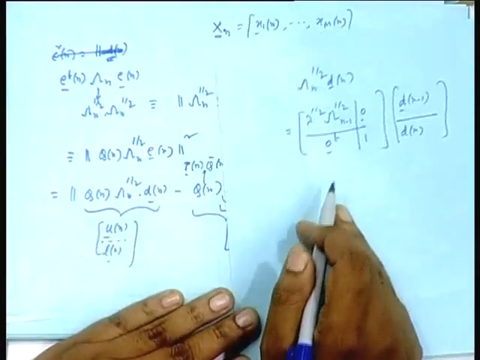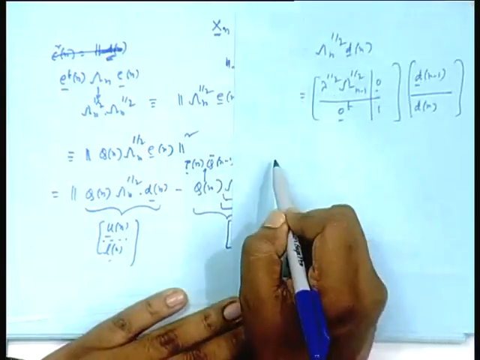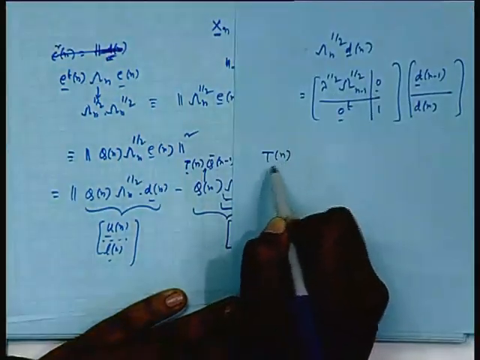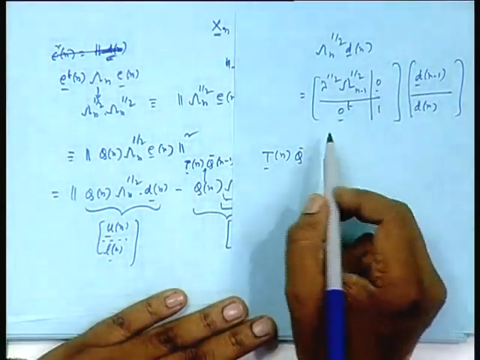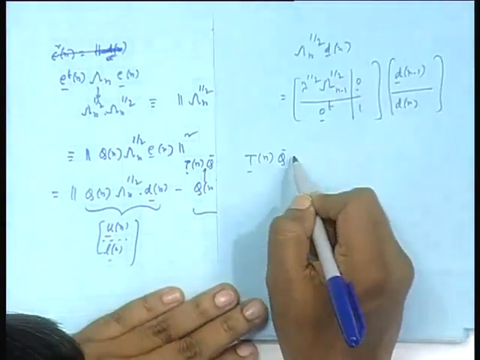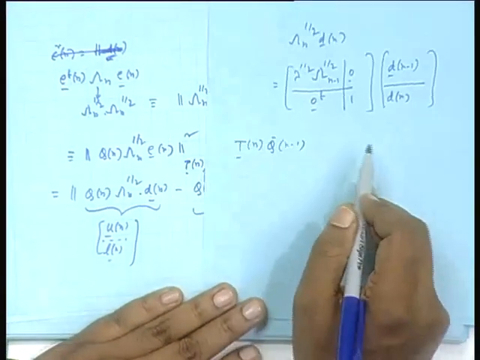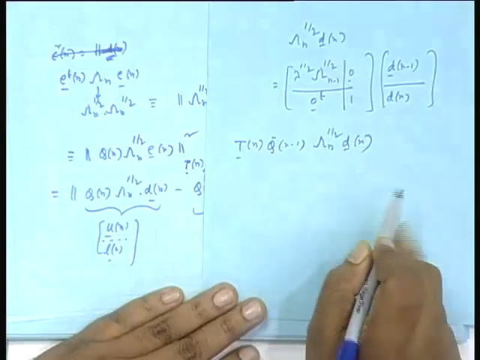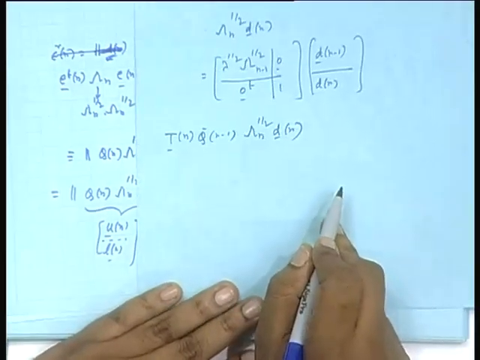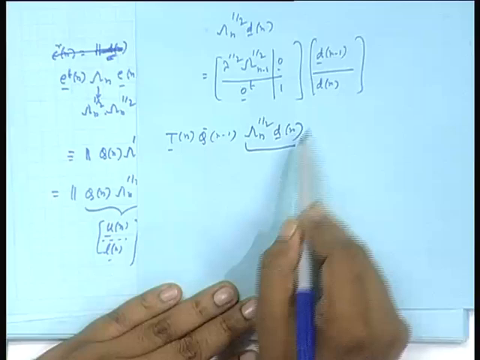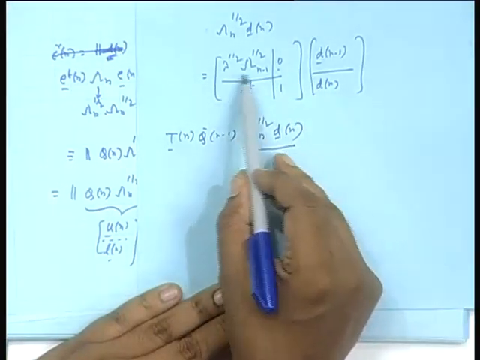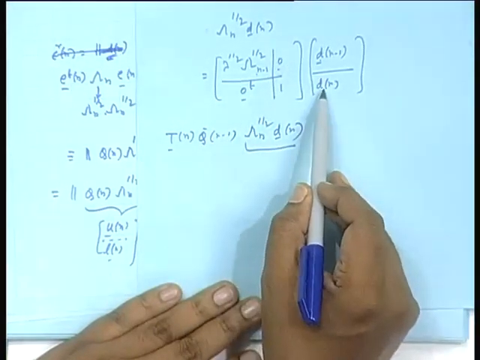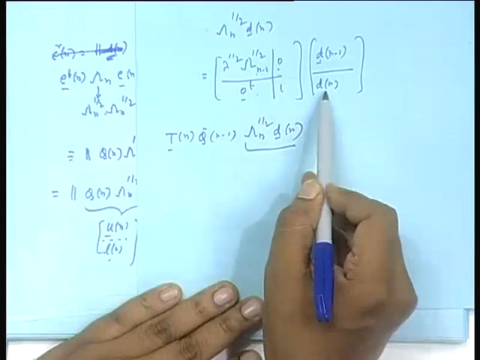And then on this if we apply this T n, just 1 or 2 minutes, on this, then what do you get? This part is this into this, 0 into this does not matter, and then 0 into this and 1 into this.